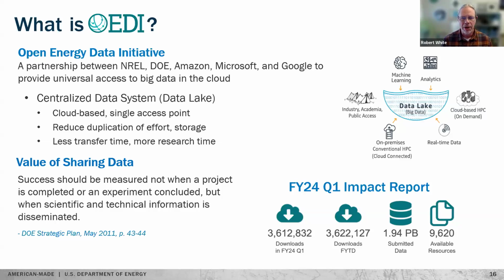And we're talking about large amounts of data. Right now, there's about 1.9 petabytes of data sitting up there from a variety of different sources. One of those is the PVDAC data set, of which a subset is the Solar Data Prize. As Noreen told you, it's approaching a half a terabyte in size by itself.